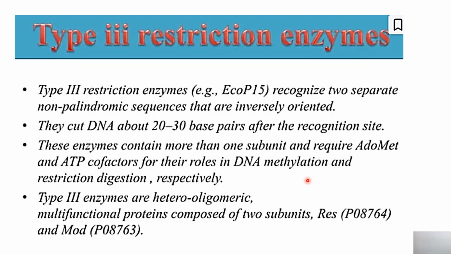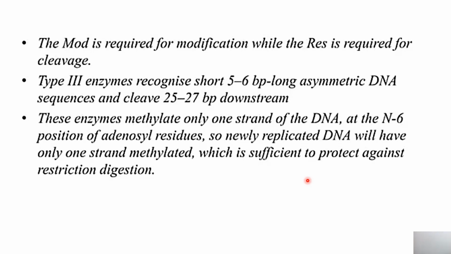So type 3 enzymes are heterooligomeric and multifunctional. The proteins are composed of two subunits, Res and Mod, restriction and modification. The Mod is required for modification while the Res is required for cleavage.